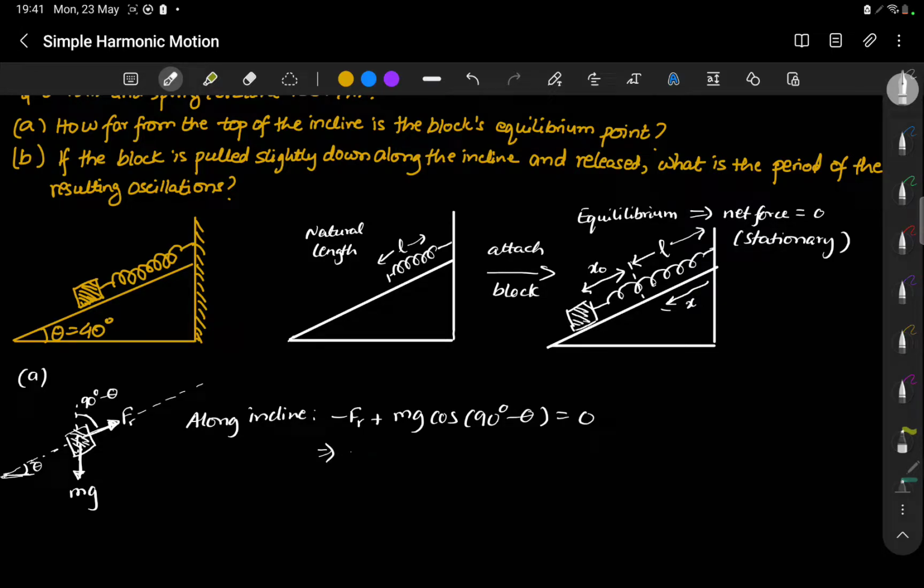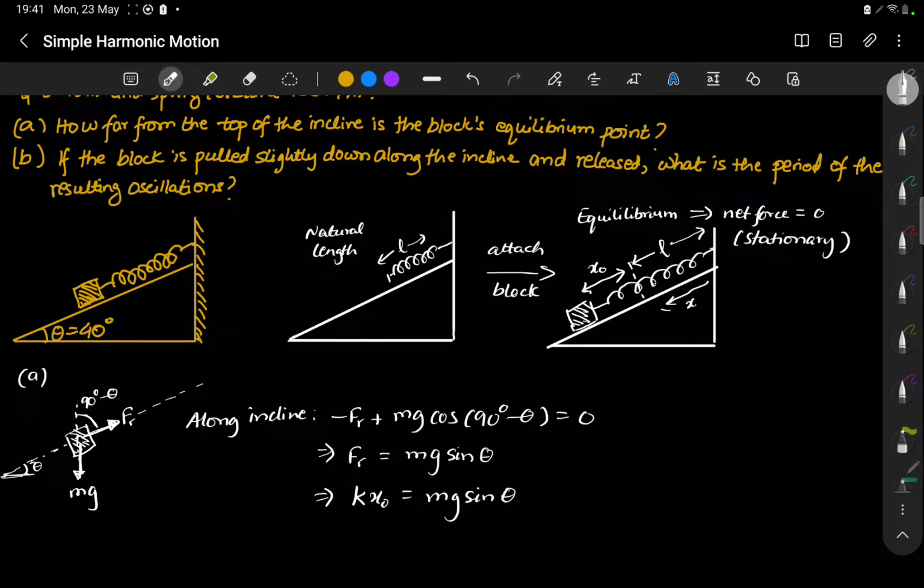So this gives us, since cos of 90 degrees minus theta is sine theta, and by Hooke's law the restoring force is k times x naught, x naught being the extension.